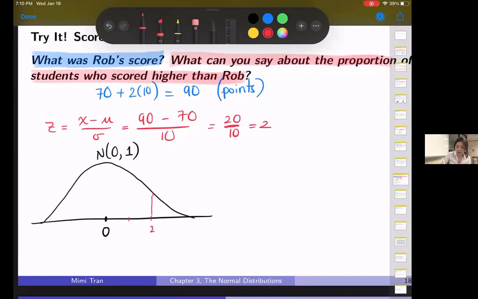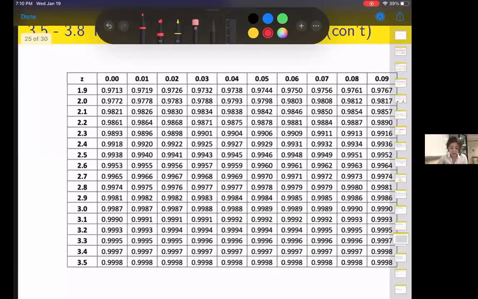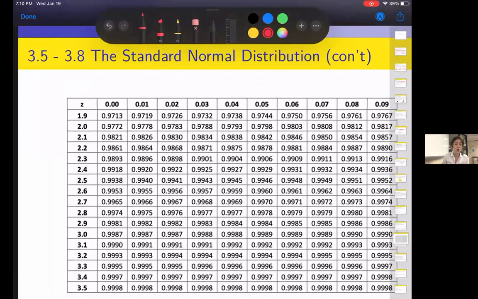And when you look up on the table, it'll tell you the cumulative probability from left to right. When you look up 2 on the z table, let's go down here. Z is 2, so basically 2.00, right?